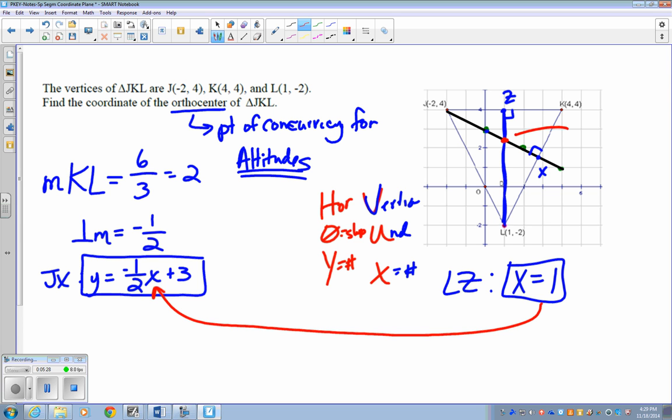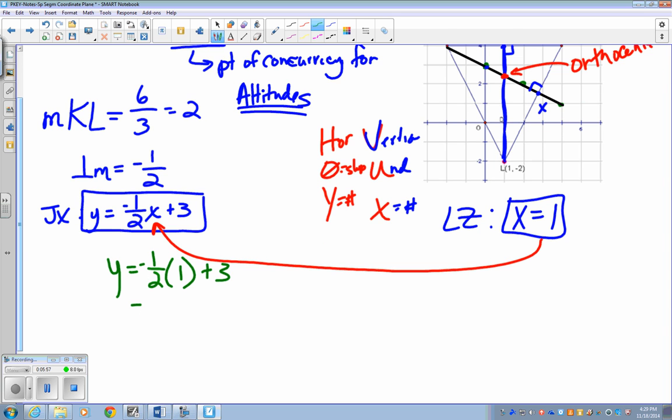Right here, where they intersect, is where the orthocenter is located. Or you can guesstimate on the graph. We see that x is 1, so the y coordinate looks like 2.5. If I plug it in to check, y equals -1/2 times 1 plus 3. That's -1/2 plus 3, which leaves me what I saw, 2.5.